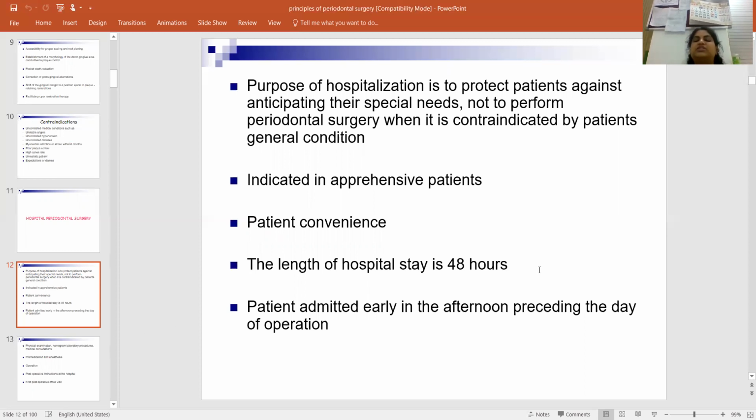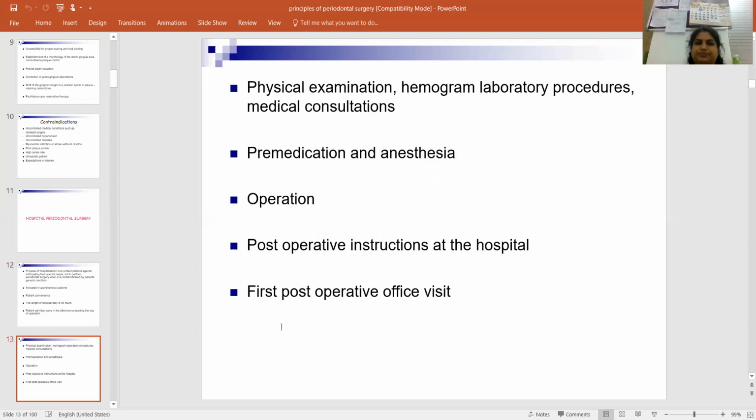The length of hospital stay is 48 hours, and the patient is admitted early in the afternoon, preceding the day of the operation.